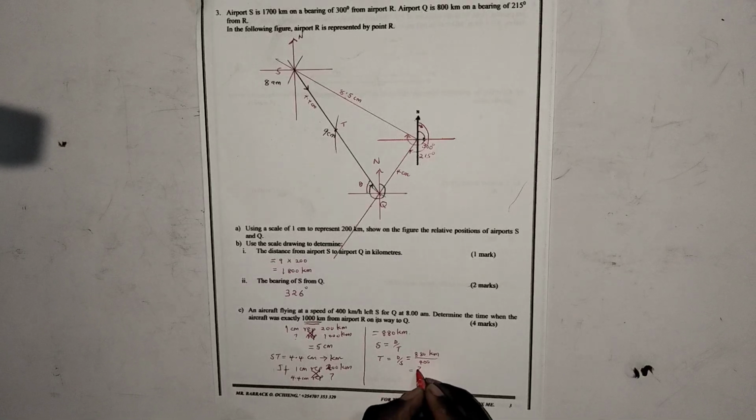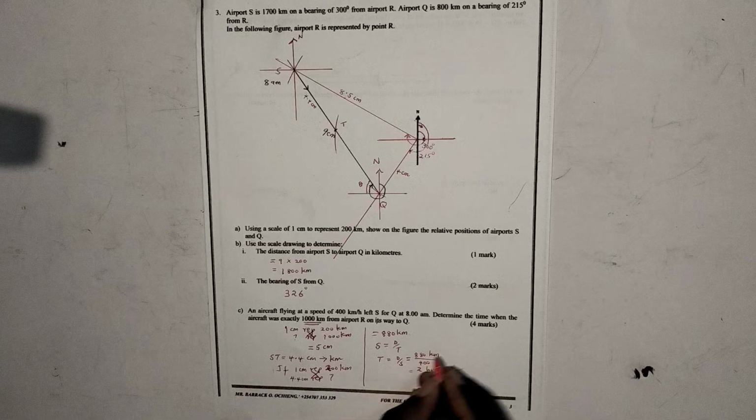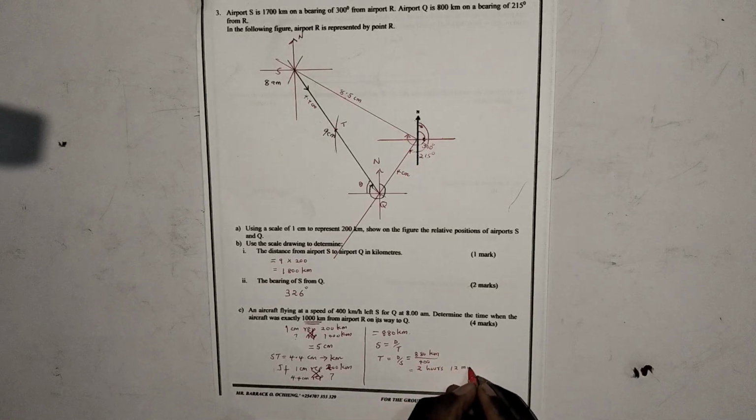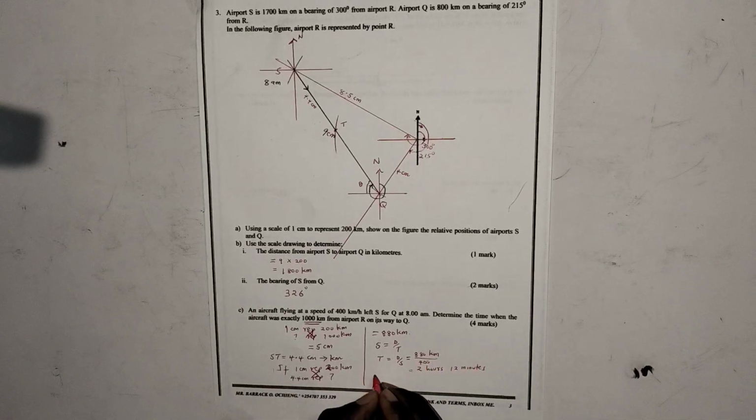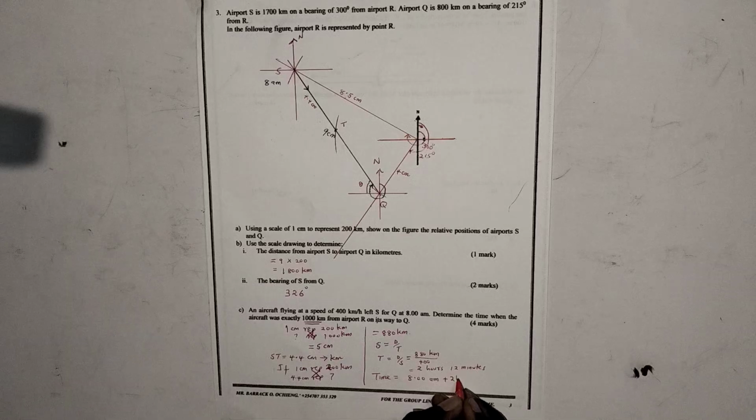That is 2 hours. And how many minutes? Convert 0.2 hours to minutes. You multiply by 60. That is 12 minutes. So the time required will be 8:00 a.m. plus 2 hours and 12 minutes.